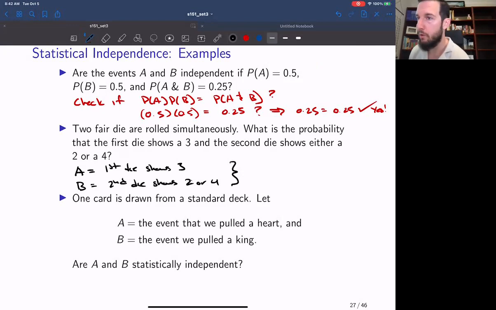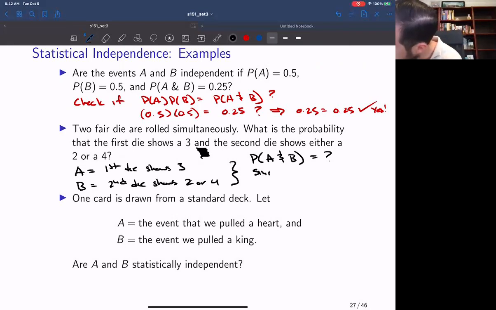So we want to know, what is the probability that the first die shows a 3 and, so intersection, the second die shows a 2 or a 4. So we want the probability of A and B. What is this equal to? Again, we know A and B are independent.